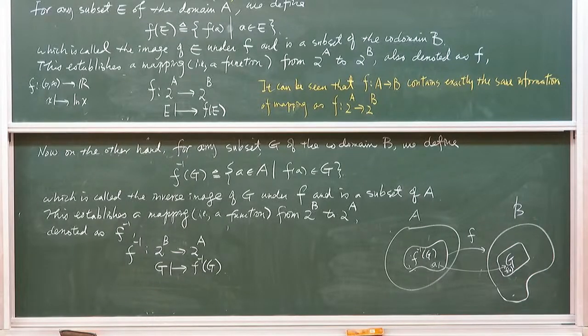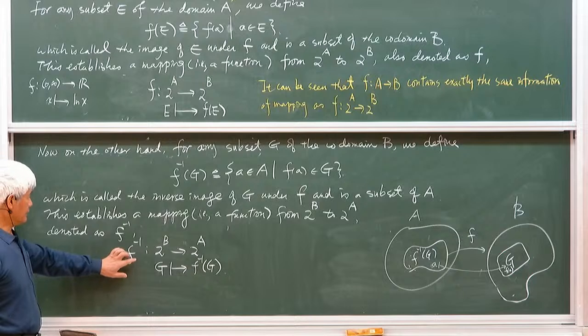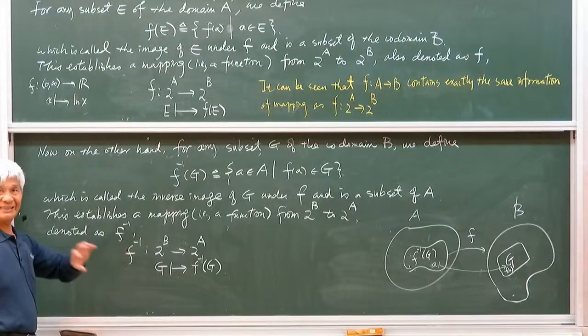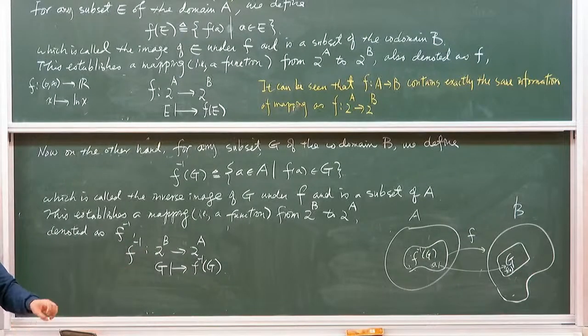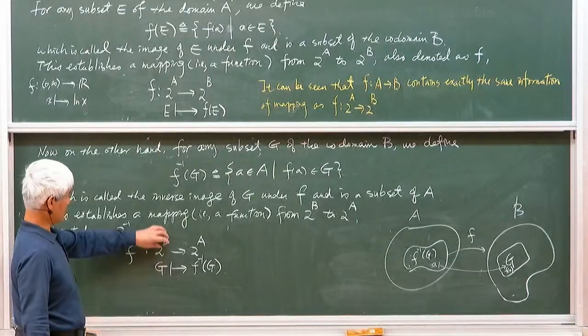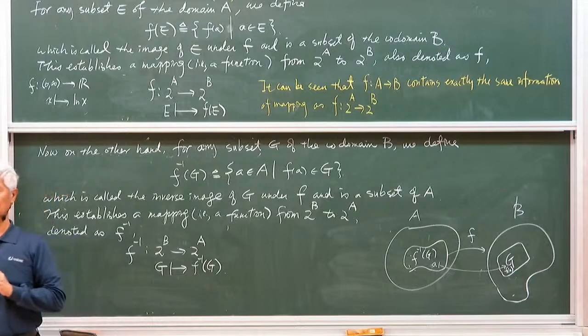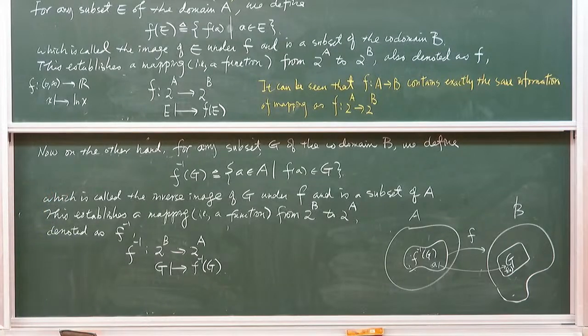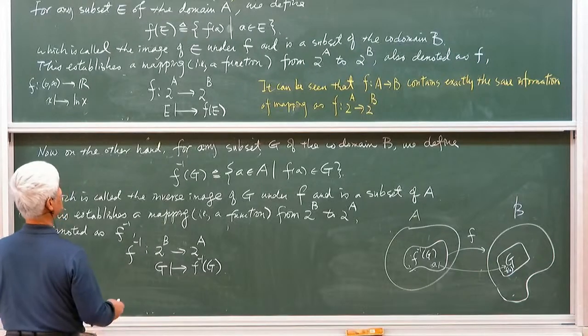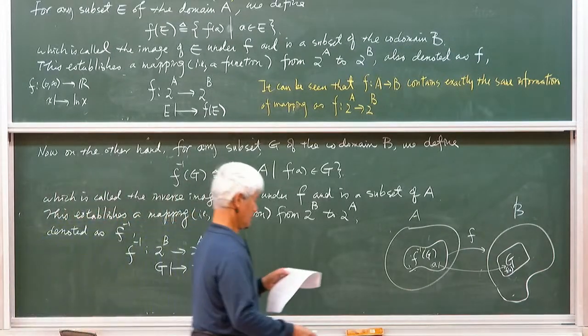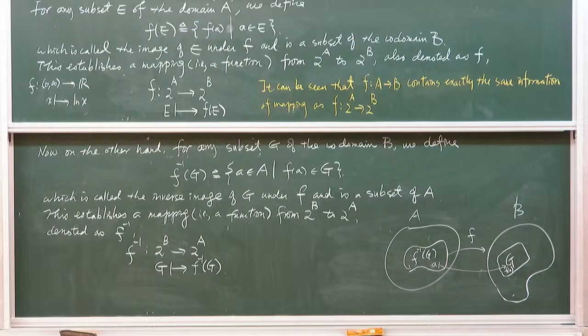The inverse of F here is a set function. It sends a subset of the codomain to a subset of the domain. And the inverse function, or inverse mapping, has a nice property, which I will describe in the next proposition.